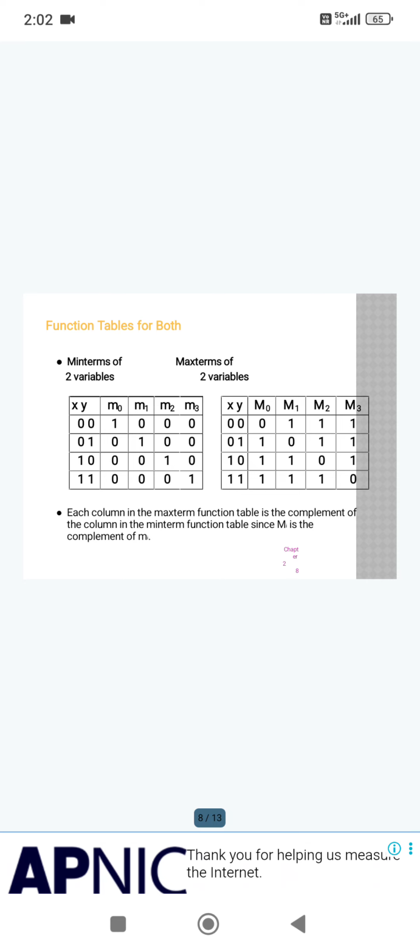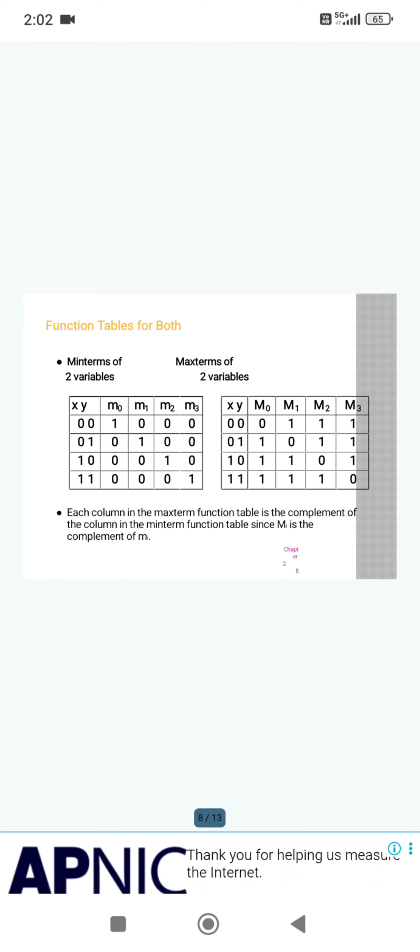Here m0, m1, m2, m3 are represented in 8421 code. 0 0 means m0 is 1. 01 means 1 is 1. 10 means 2 is 1. 11 means 3, so m3 is 1.